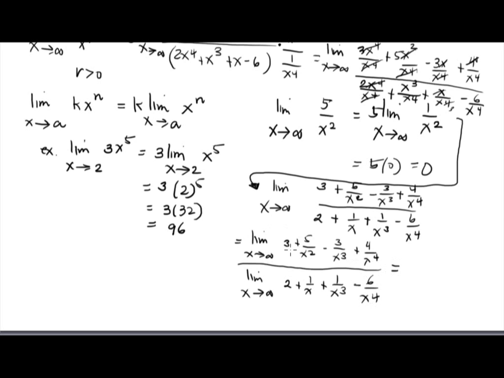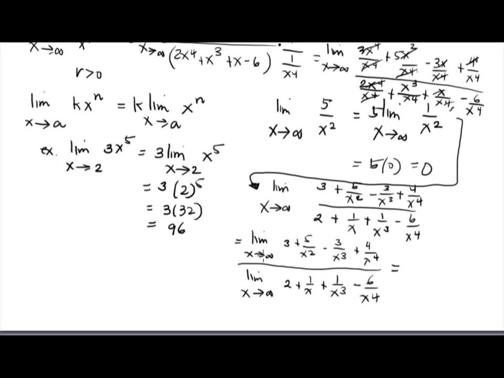Now after this, you'll be taking the limit of each term. Remember, one of the basic rules is that when you get the limit of a polynomial, or a sum or difference of terms and expressions, you can take the limit of each term. Now, the limit of a constant is the constant.